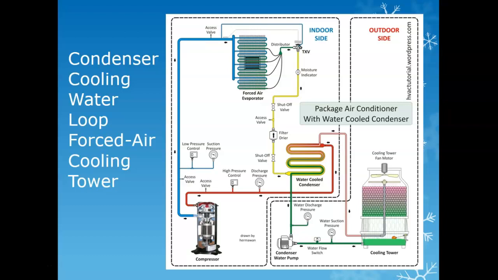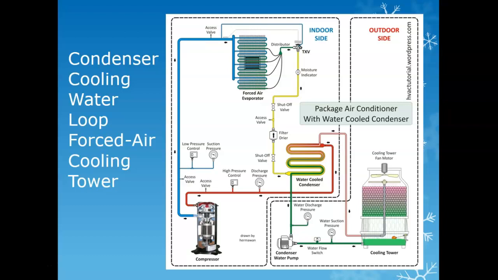Condenser cooling water loop. Again, this is kind of what I was talking about earlier. So you still have the same system with the compressor and all that. What you also have is a secondary system that forces air out, forces liquid out.